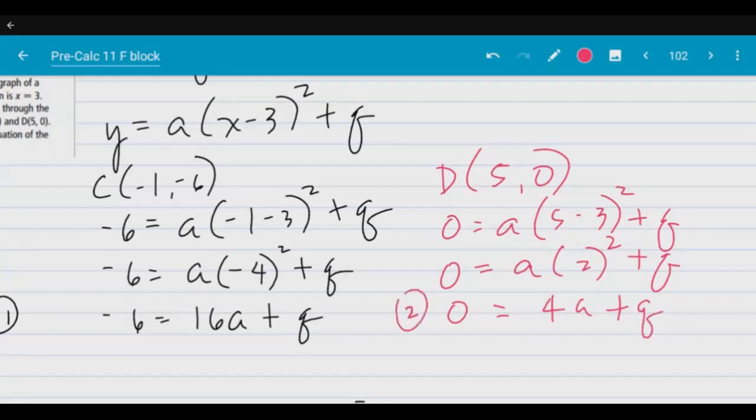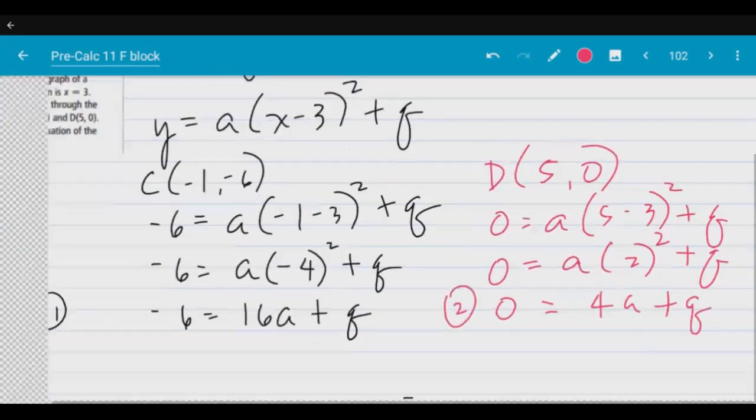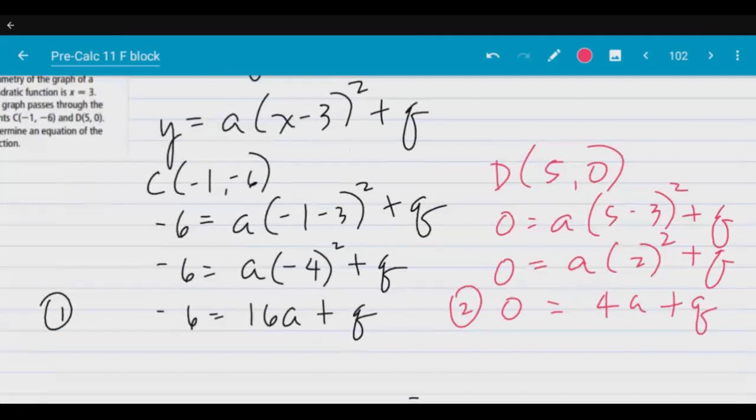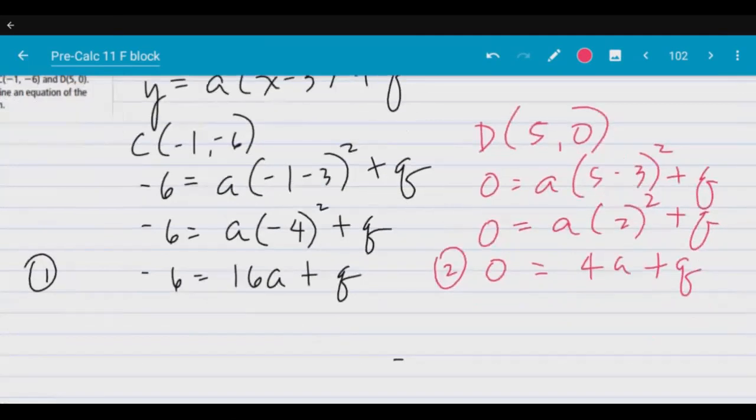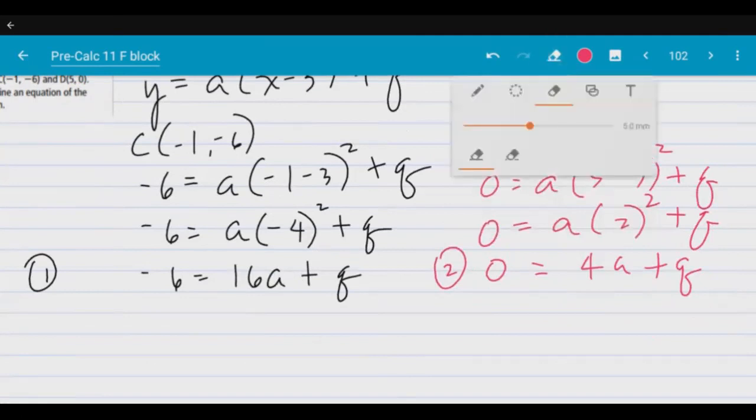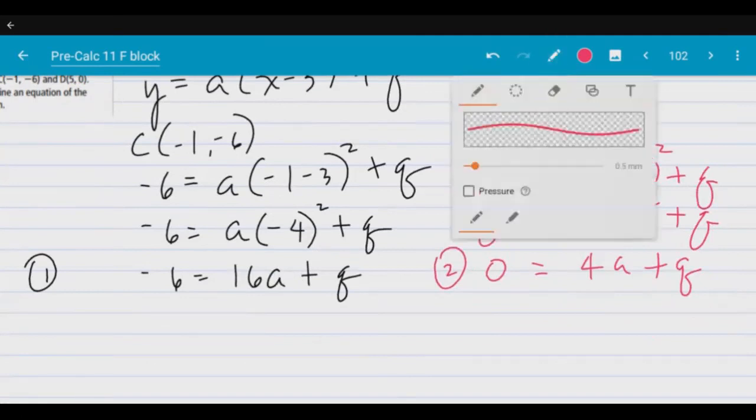I'll call this my equation 2. Guys, what do you notice about equation 1 and 2? Well, that appears to be something that you can solve using a Math 10 concept. You could either do elimination or substitution. Well, let's just do elimination, which I think is far easier right now.